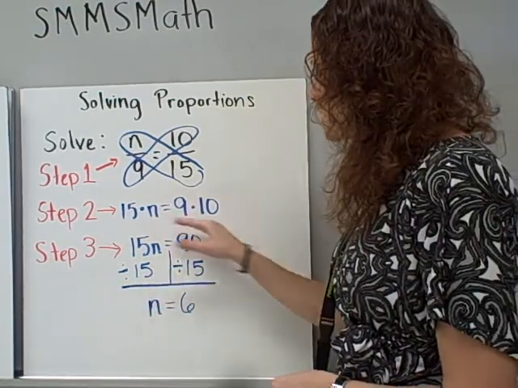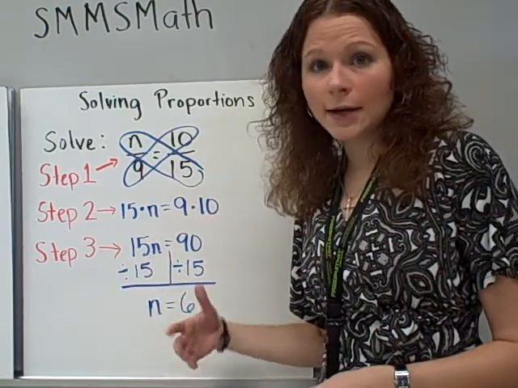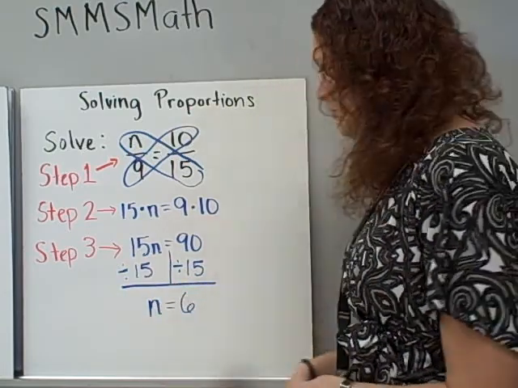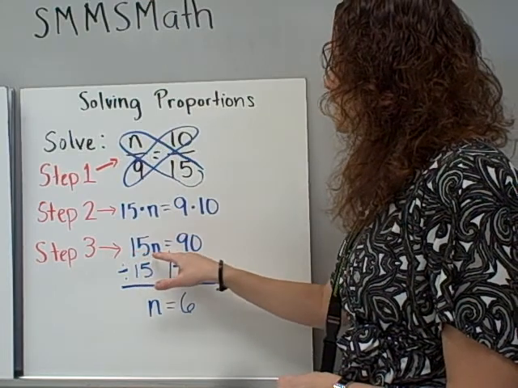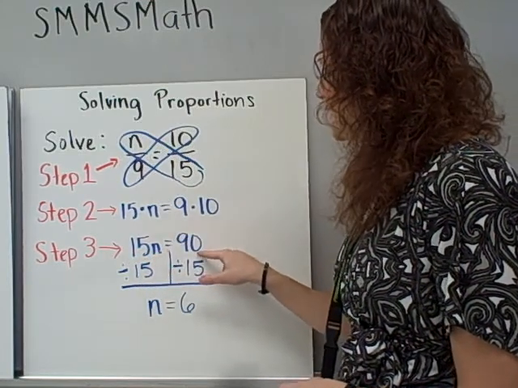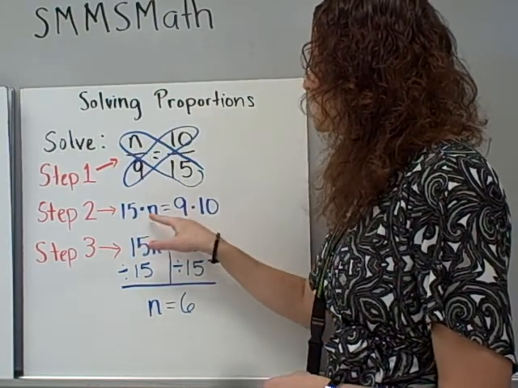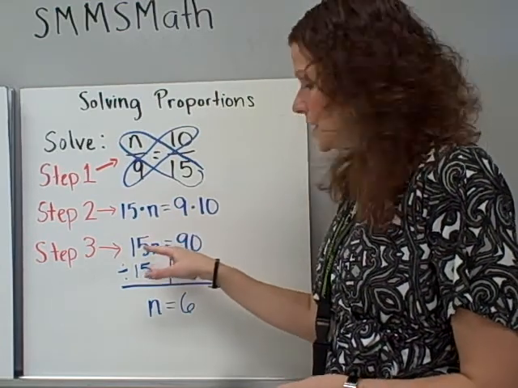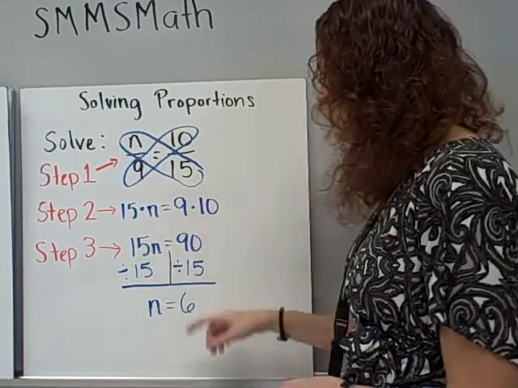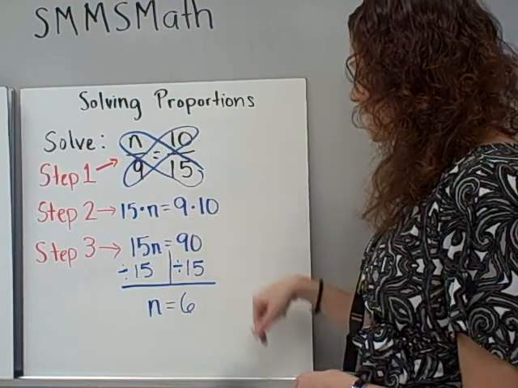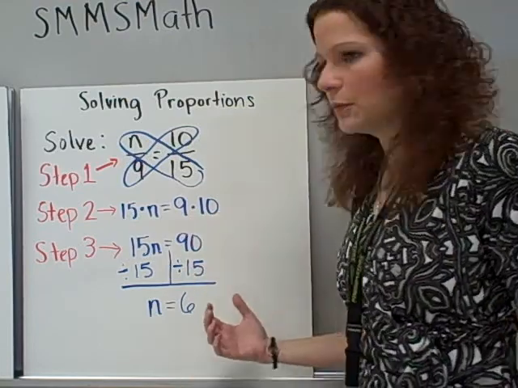Step 3, we simplify that equation and we solve it using the inverse property. So 15n equals 90. Now we did this because 15 times n can be written as 15n, and 9 times 10 is 90. Now it's just a one-step equation.